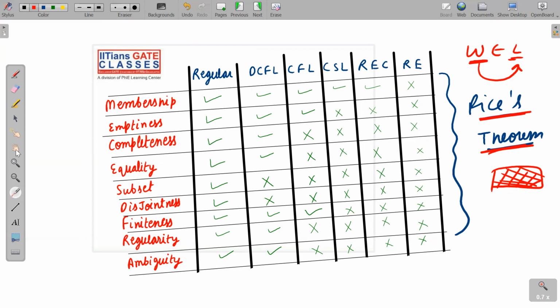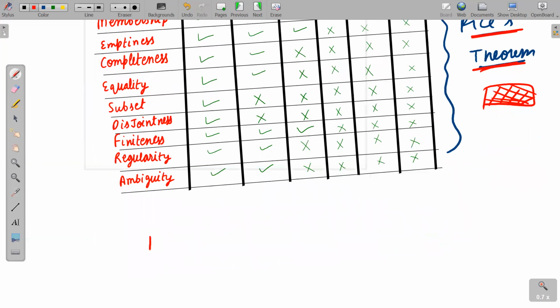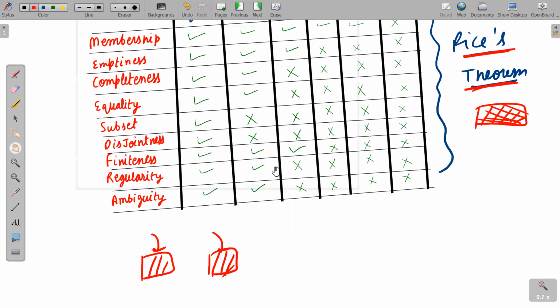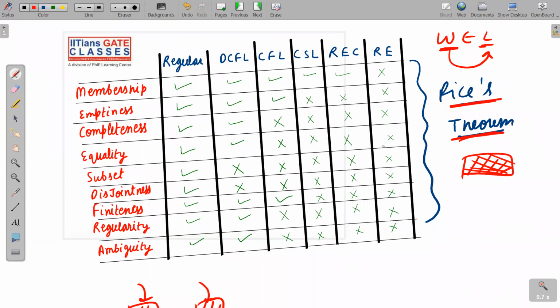Without getting deeper into them, how can you decide that both languages are the same? You have to dive deep into both, but we cannot do it because these are just like black boxes. So by Rice theorem, equality will be undecidable. Subset is again undecidable, you can check it out. Disjointness and so on. I hope I have made the point clear.